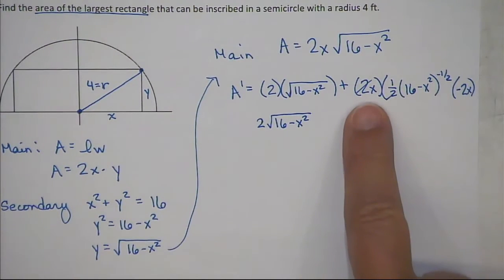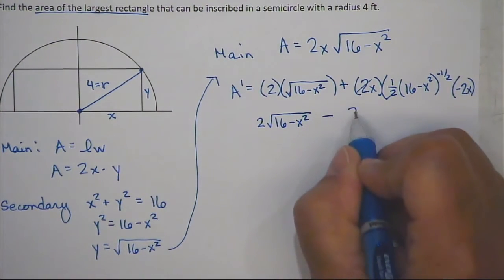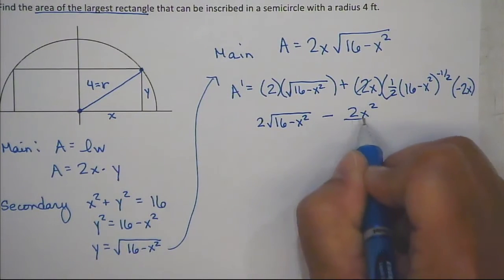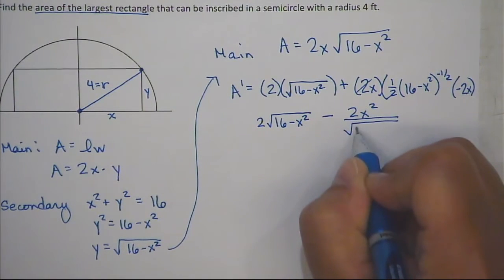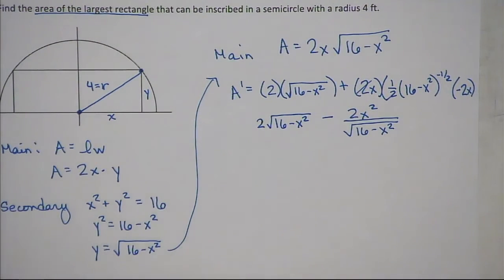So you have an x in the numerator, and then you have this negative 2x. So what do we have in the numerator? 2x squared over that square root in the bottom. Let's make it minus. You could put plus and put the negative in the top. So it looks kind of nasty, but remember, since we've got the same radicals, they're going to go away in a minute, so it'll work out nicely.